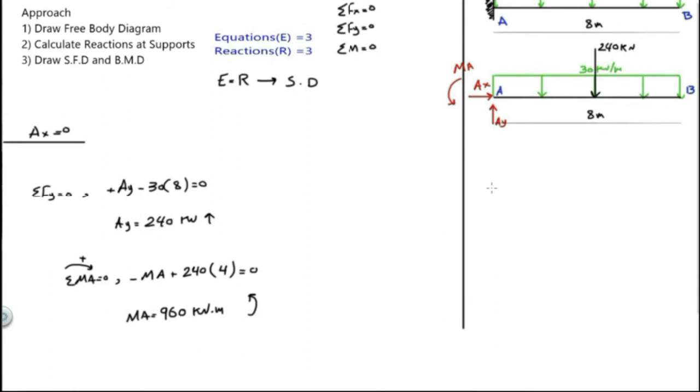Now let's draw the shear force diagram of the beam. Note that shear force diagram takes only shear forces on the beam. So here we have ay equals 240 positive, so we go up to 240.